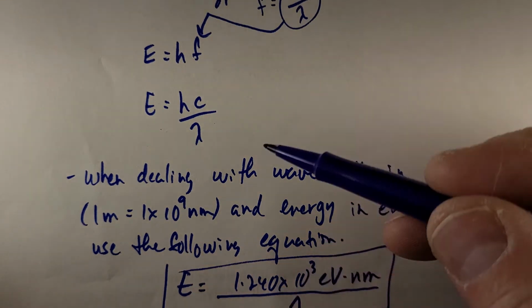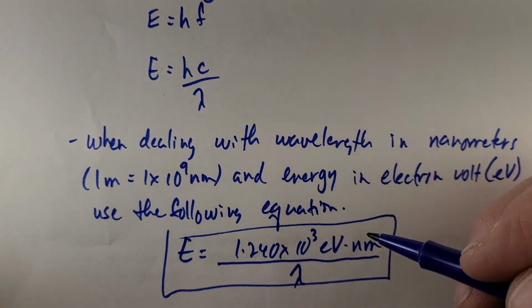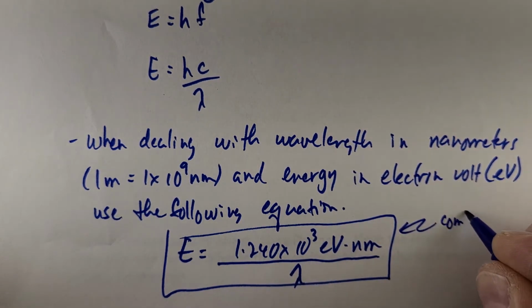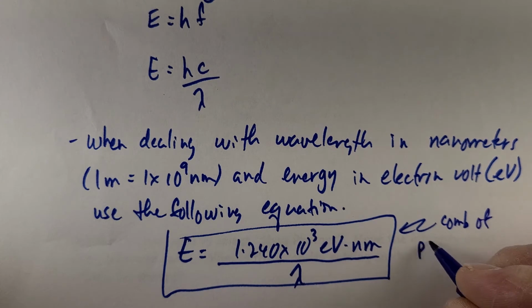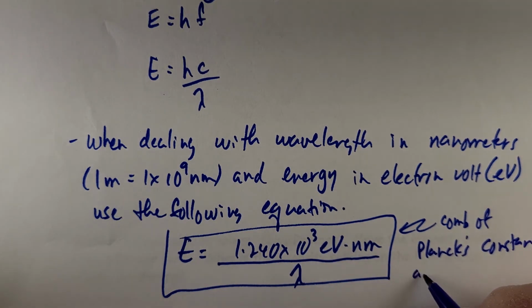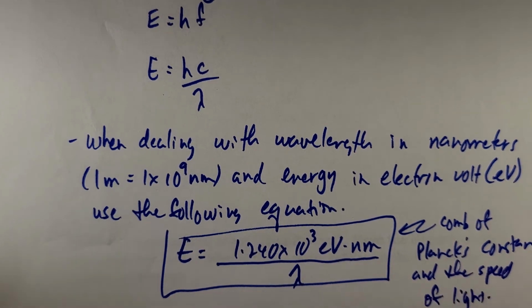So it's very similar to this. It's basically converting h and c into this number here. So we could think of it as a combo of Planck's constant and the speed of light.